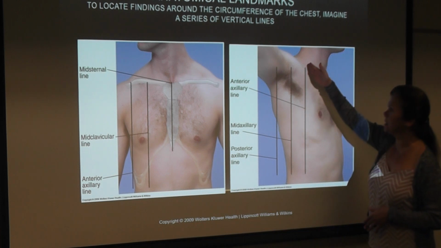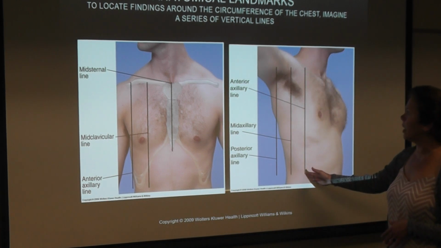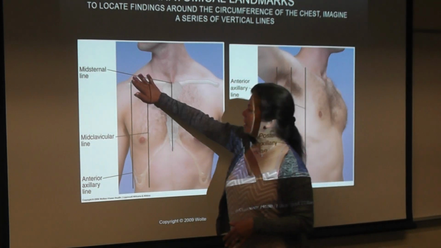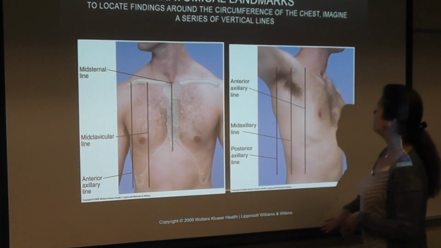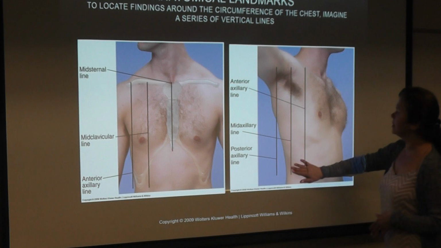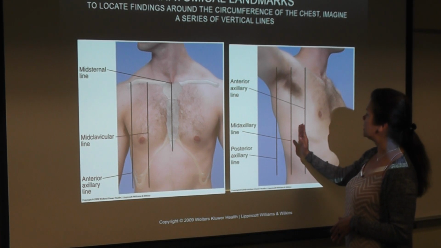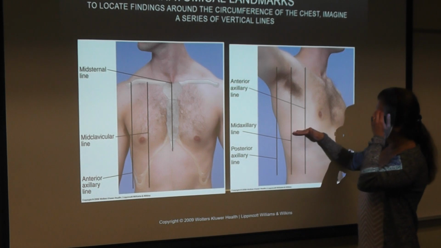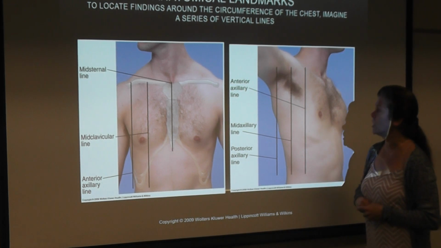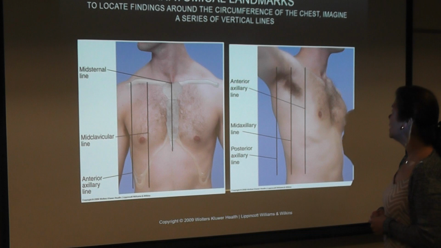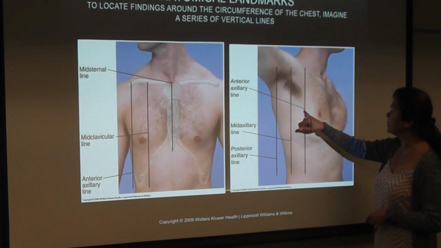This is exactly the same anterior axillary line as this one. You have the mid-axillary line that you also can locate between these two landmarks, the fourth intercostal space, to insert the chest tubes.